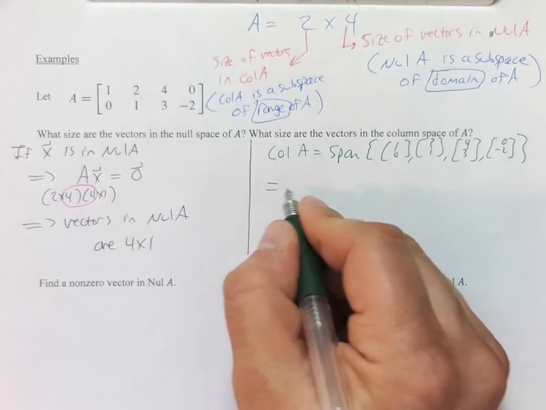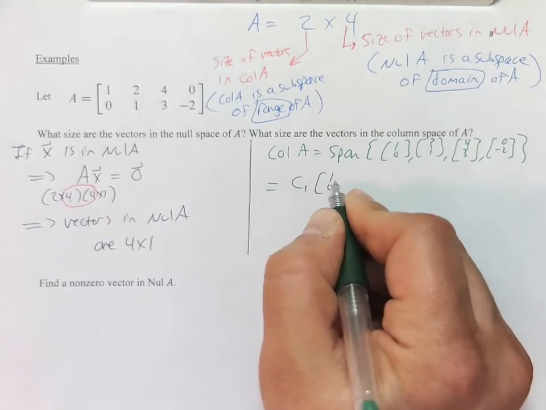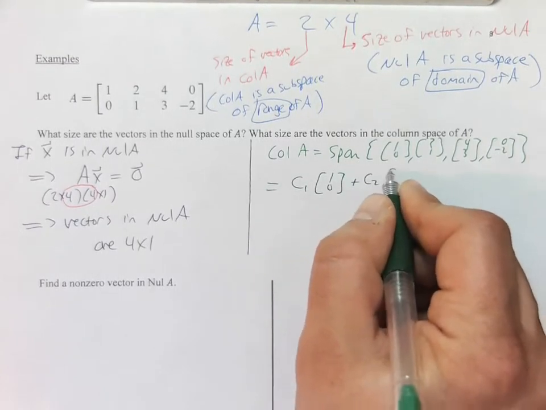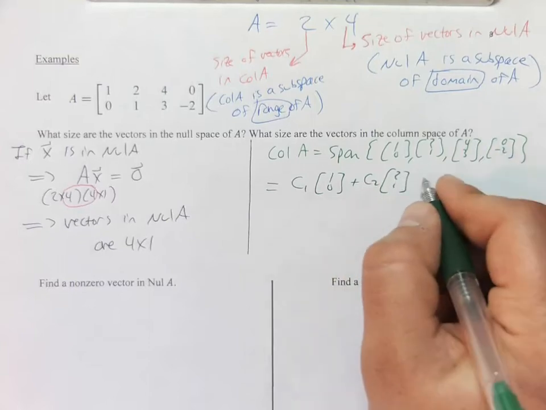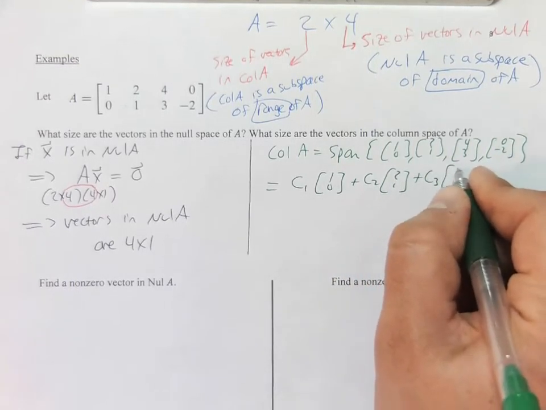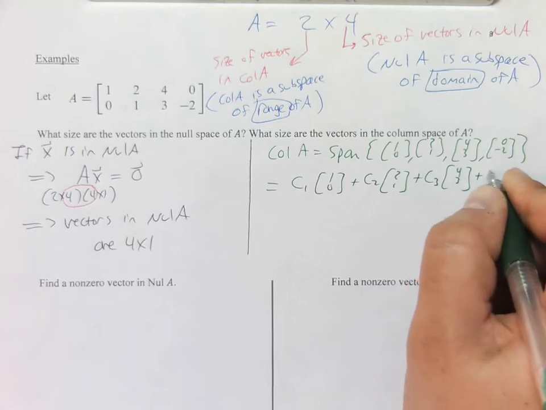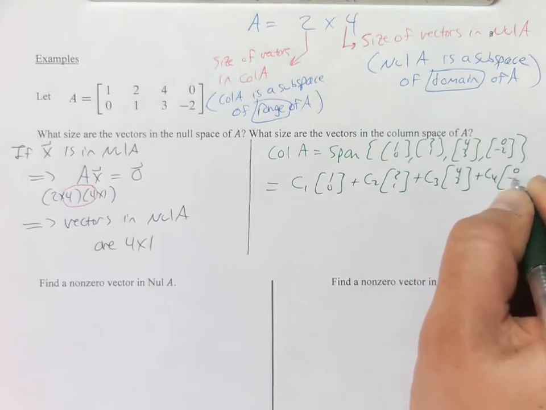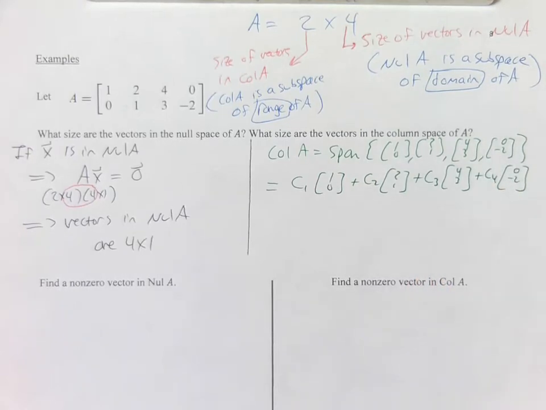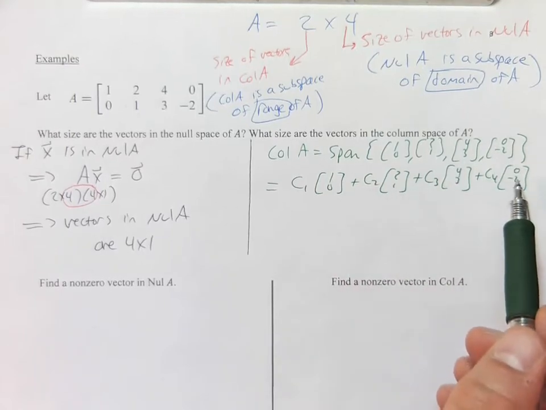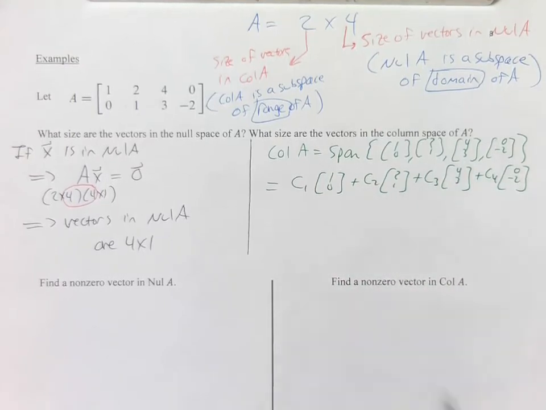And so we're going to do linear combinations of those things. And so we pick any C1, C2, C3, and C4 to be a vector in the column space. And so we're adding together 2 by 1s, and so the vectors in the column space are 2 by 1s.